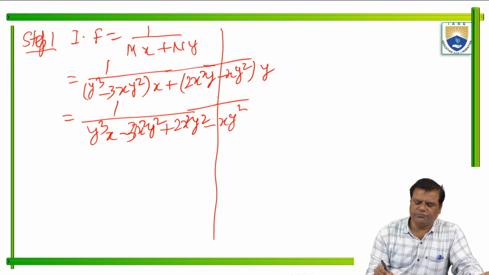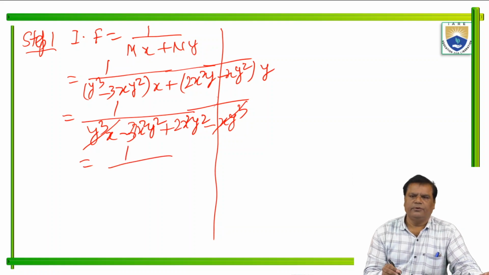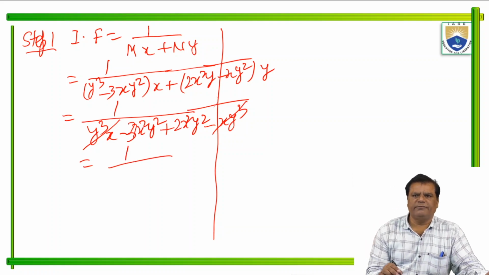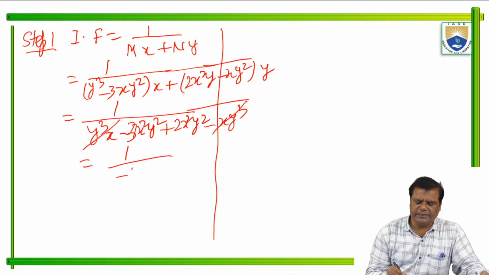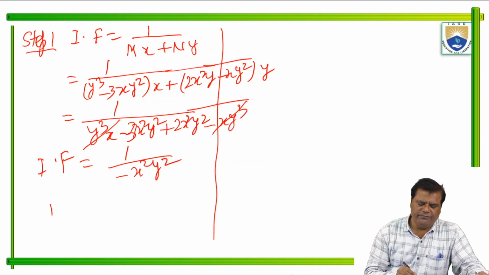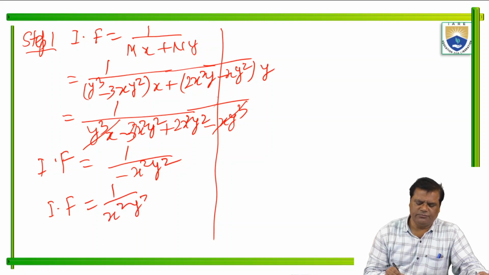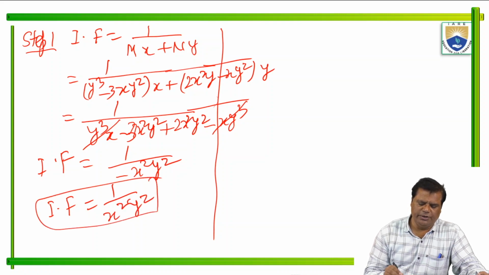So the xy cube term is cancelled. Now here 1 upon only minus 3x square y square and 2x square y square, minus x square y square. So this is the IF, integrating factor. So the IF is only 1 upon x square y square. This is the integrating factor.